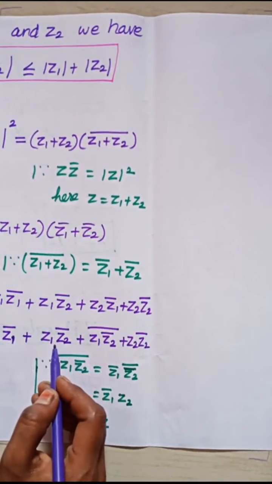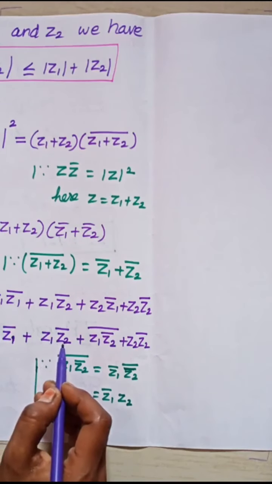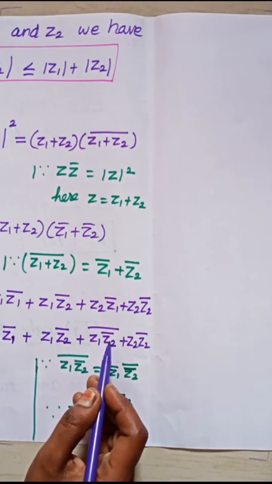Now these two terms are similar terms, z1 z2 bar and z1 z2 bar. Am I right?